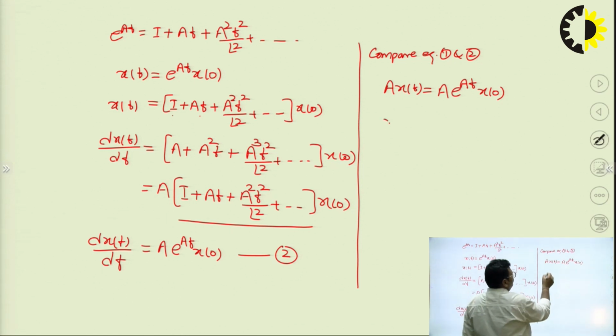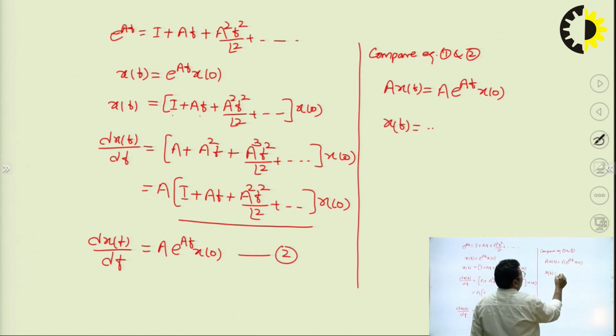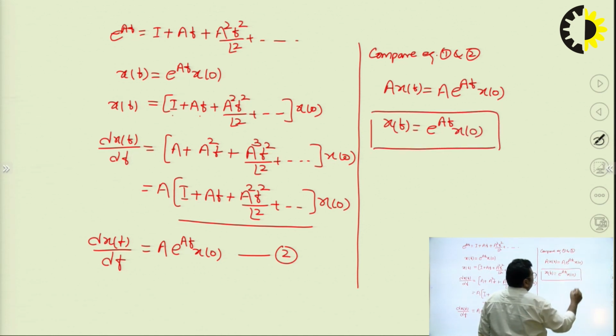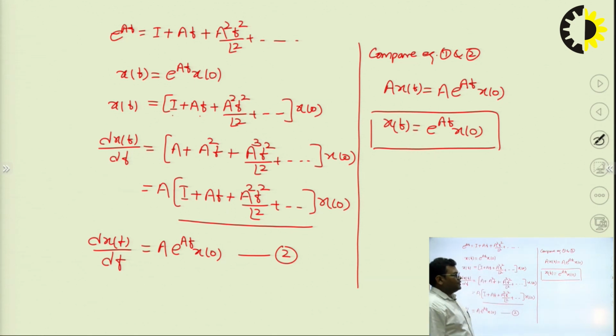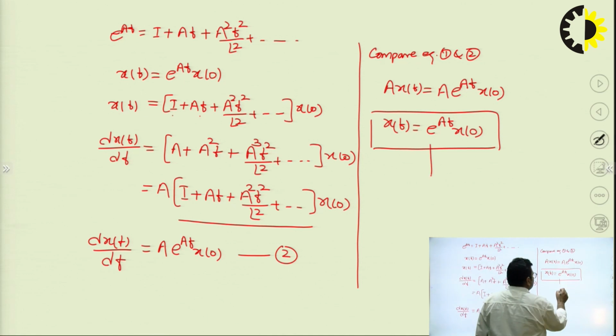So it will give x(t) is equal to e to the power At into x naught. It signifies that this is the solution of the homogeneous state equation in which we have considered u is equal to 0.